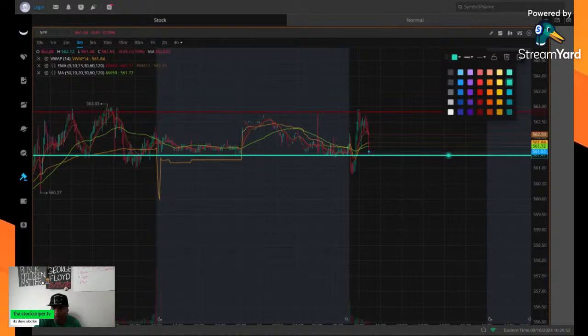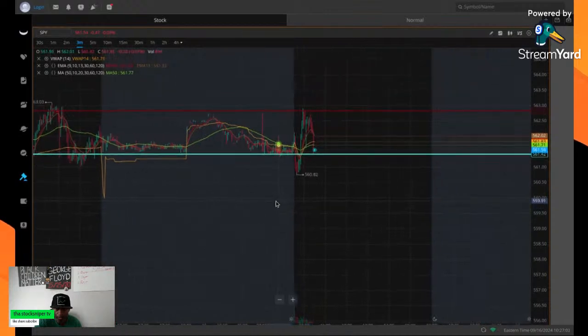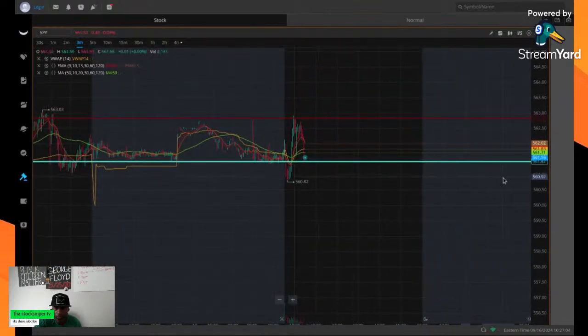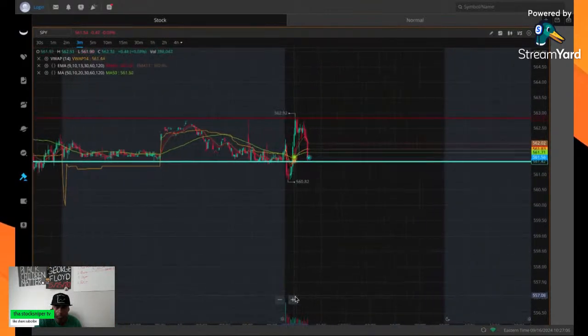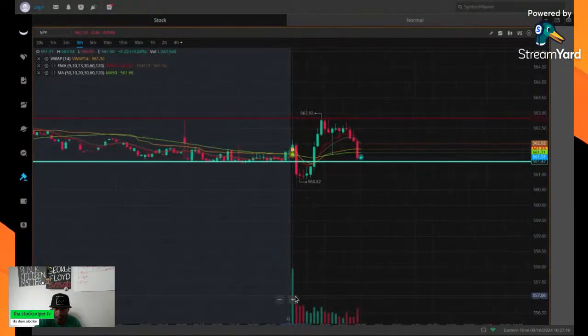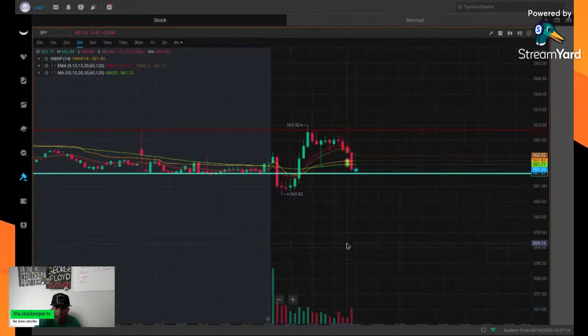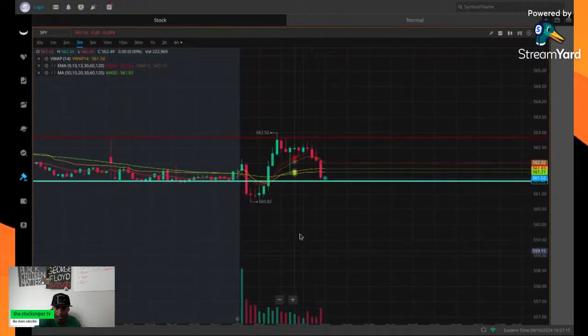We're having a pullback right now down to that line. I'm just gonna leave it that color. So let's see if we can get a bounce off that green line.